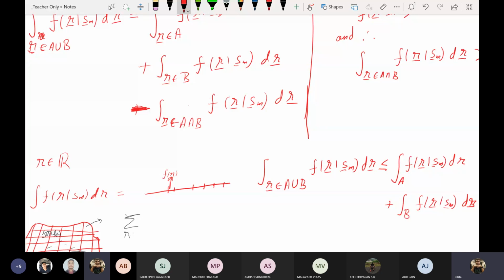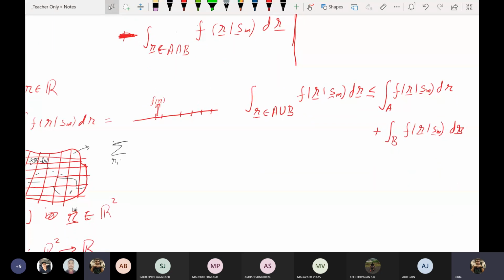Based on this, what I can do is that since D, or Dm complement, equals the union of, I have this.